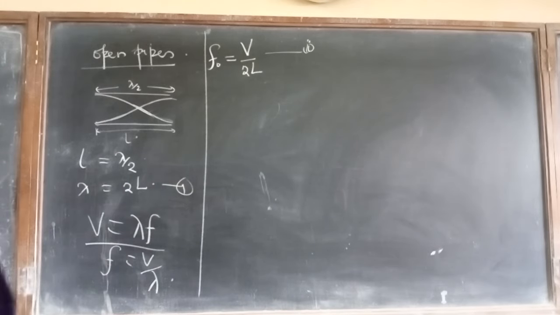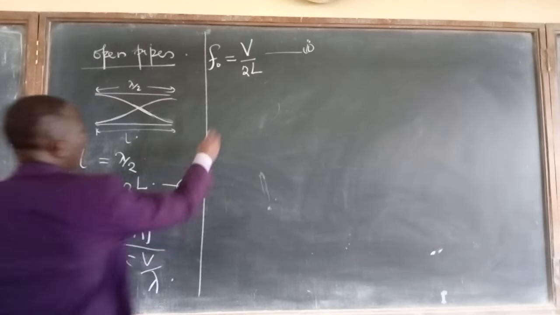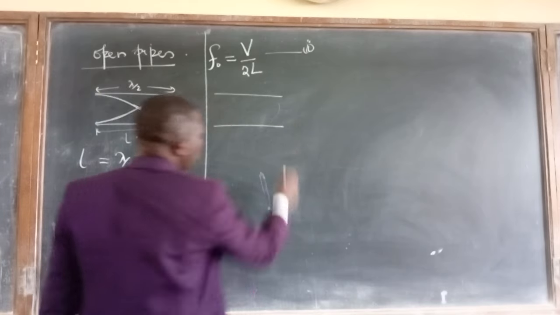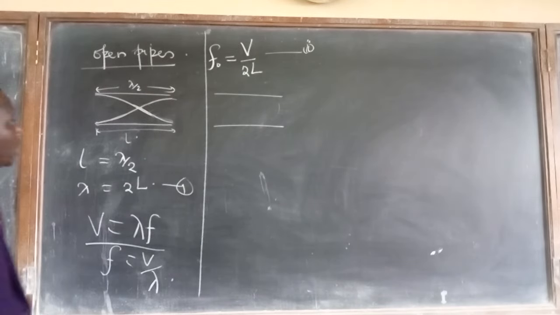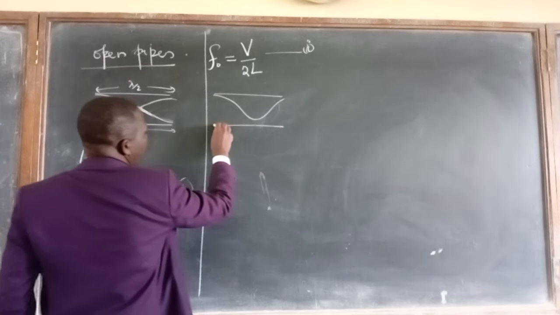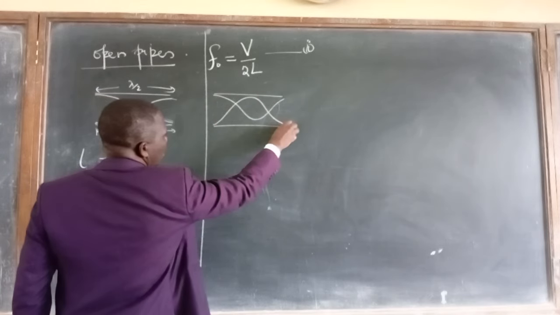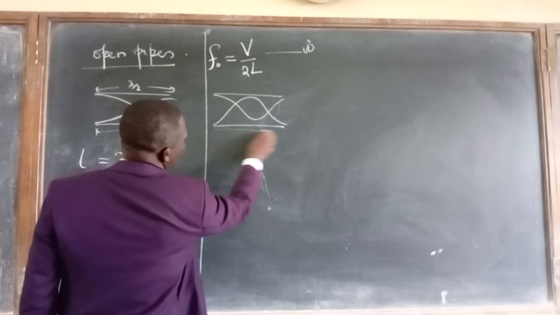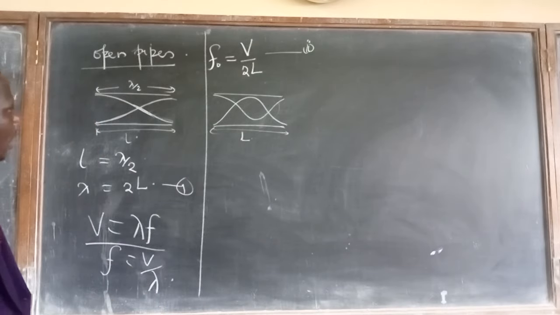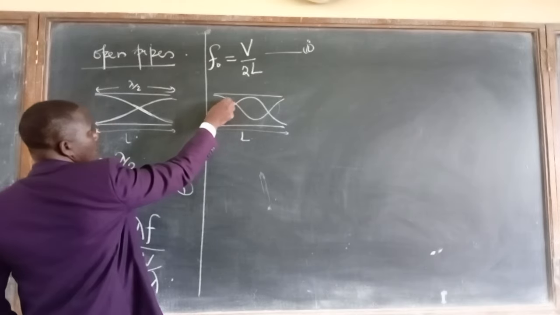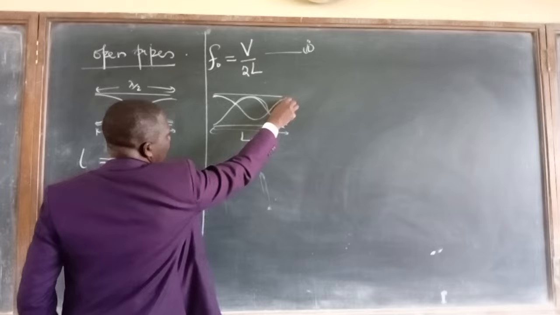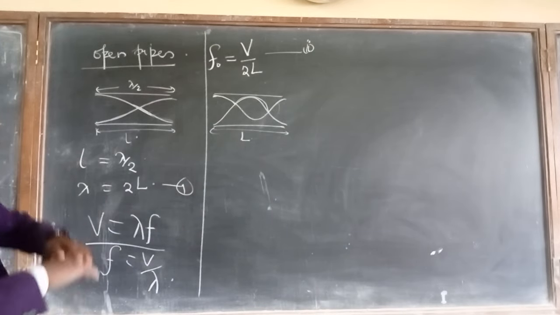We want to do exactly the same. What is the next possible mode of vibration? It will simply be like that, with this one being the length, as we had in the previous case. You can realize this is a quarter wavelength, this is a half wavelength, this is another quarter, meaning it is a full wavelength.